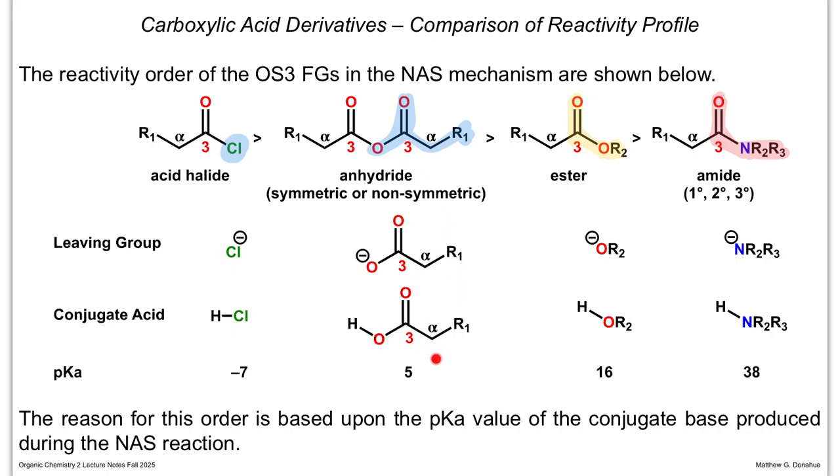Its pKa is 5. For an ester, the leaving group is an alkoxide. The conjugate acid is an alcohol. The pKa is 16. An amide has an amide or negative nitrogen leaving group. The conjugate acid has a pKa of 38.